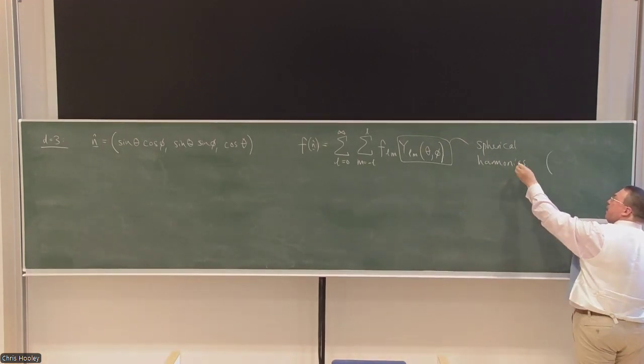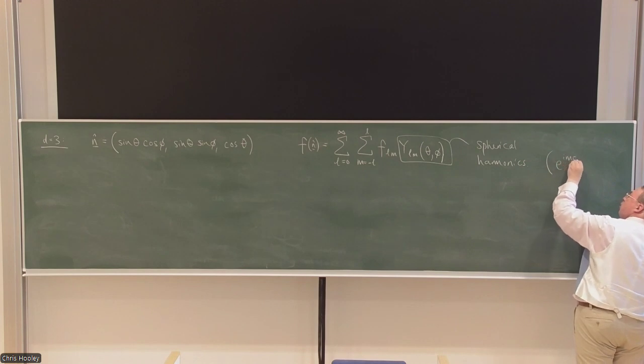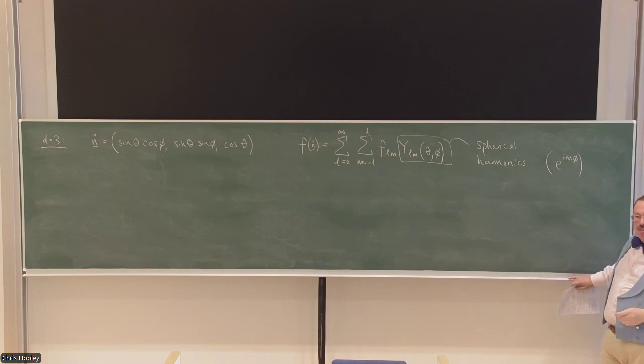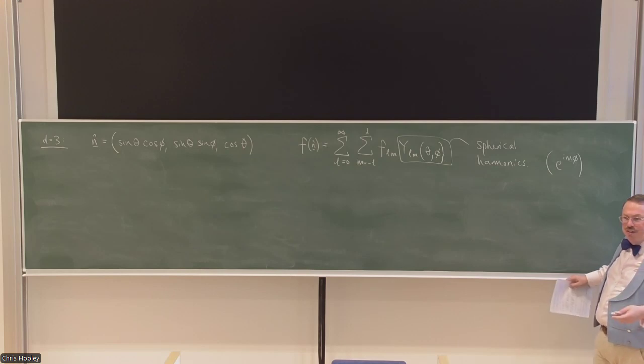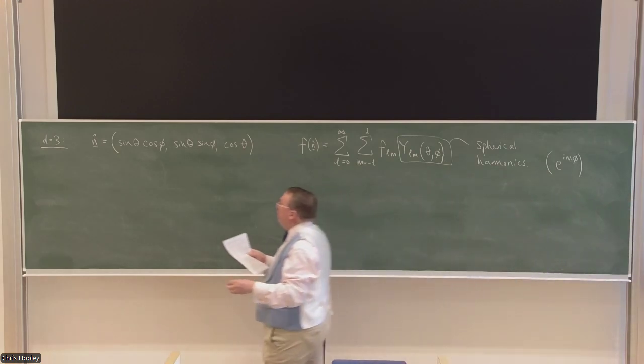And the spherical harmonics are defined with complex dependence on the azimuthal angle. The dependence on the polar angle is always real. So as we did in 2D, we're going to take combinations of them in order to make real functions that also have nodes.